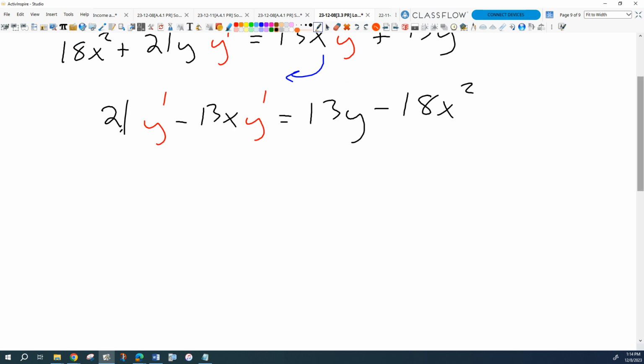So if I factor out a y prime and divide everything else away, aren't I just going to get y prime equals that divided by 21 minus 13x?